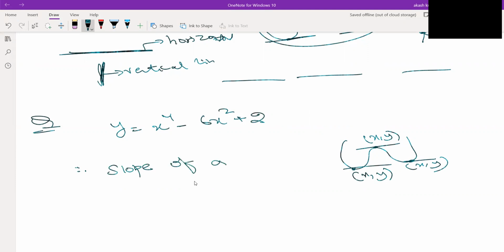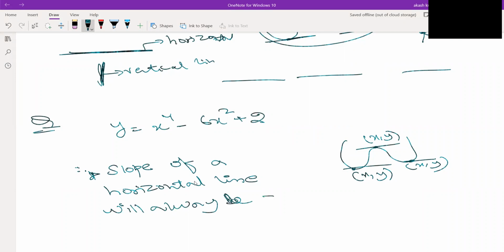of a horizontal line will always be 0. Slope of a horizontal line will always be 0.